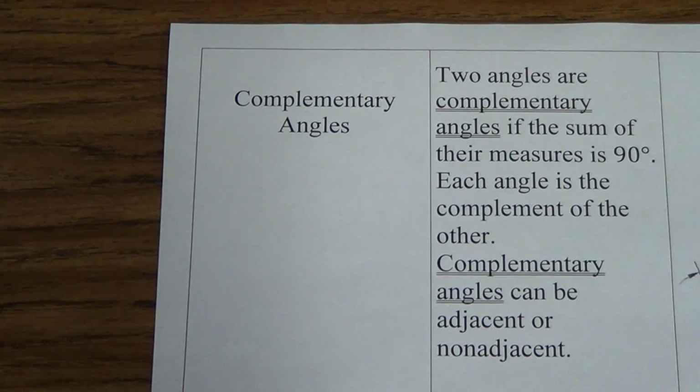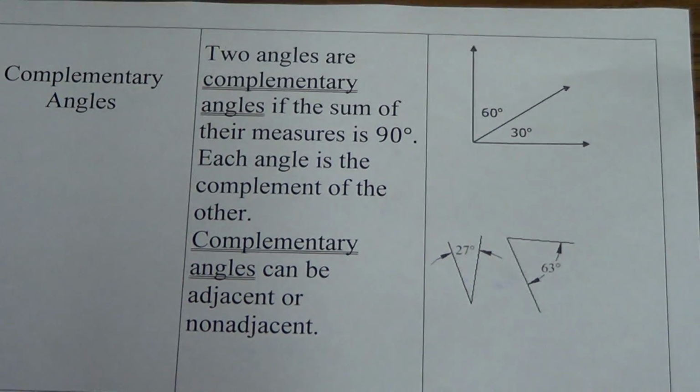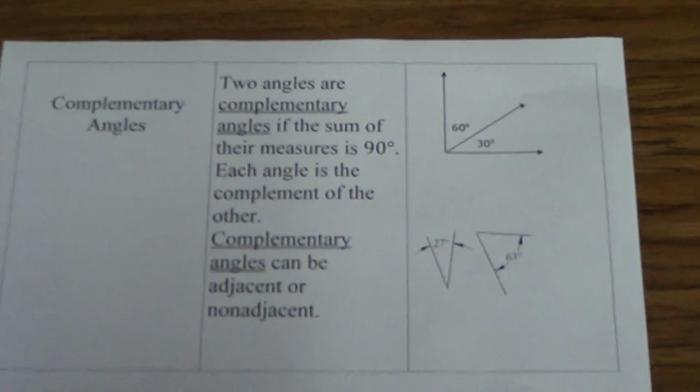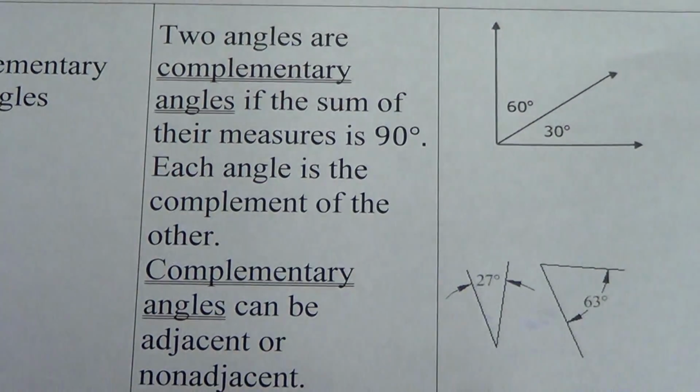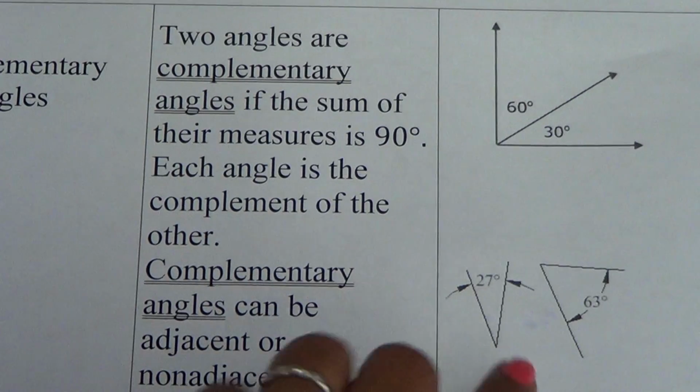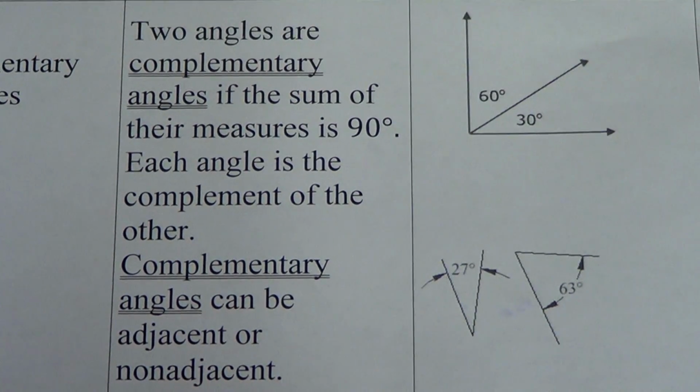Two angles are complementary angles if the sum of their measures is 90 degrees. Each angle is the complement of the other. Complementary angles can be adjacent or not adjacent. What that means is that angles that are complementary can either be right next to each other, connected, which would be adjacent, or they can be disconnected from each other, which would be non-adjacent.